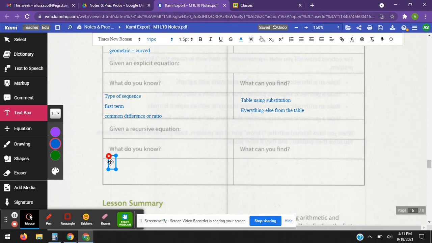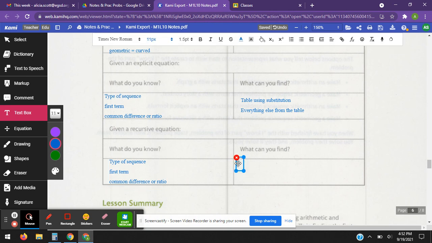Recursive equation. Really, the same thing as our explicit, right? We can figure out our type of sequence by looking at it. It gives us our first term, and then it gives us our common difference or ratio. So both of these will give us kind of that piece of information.